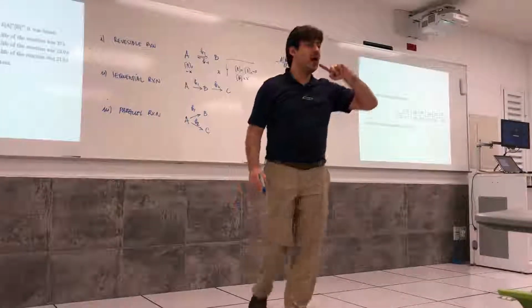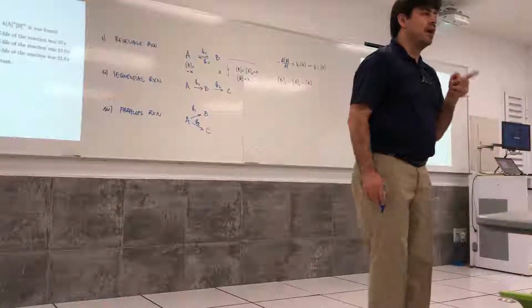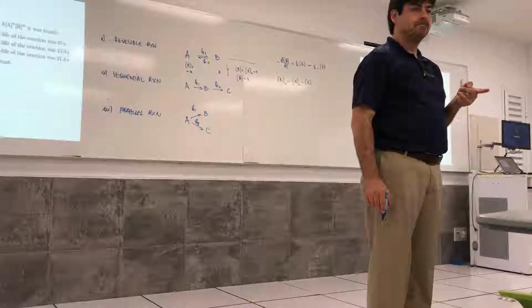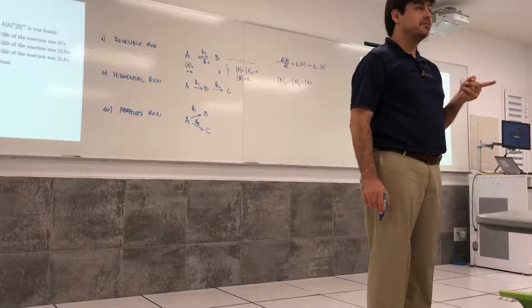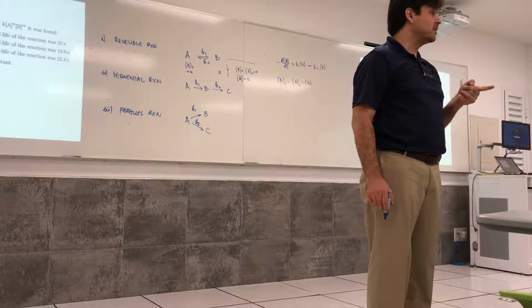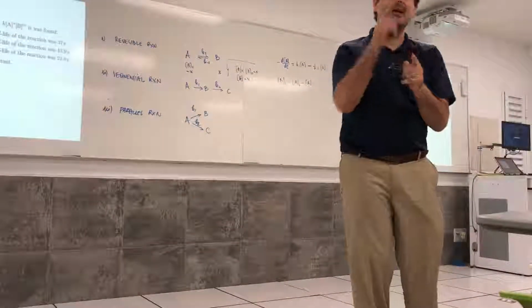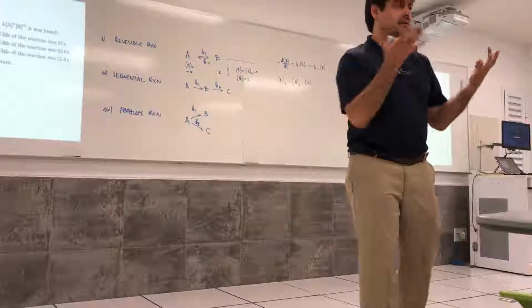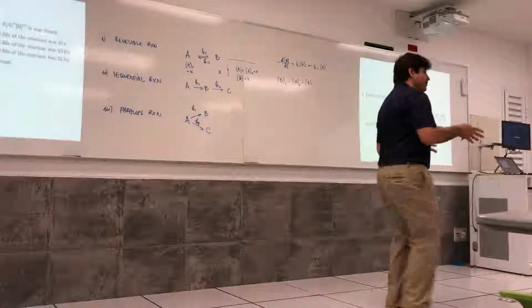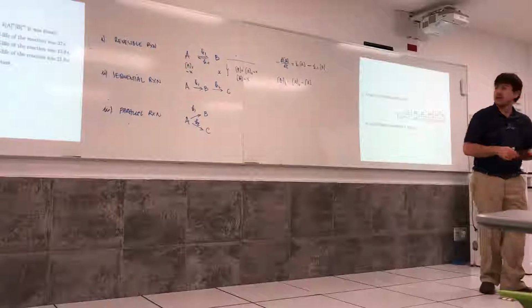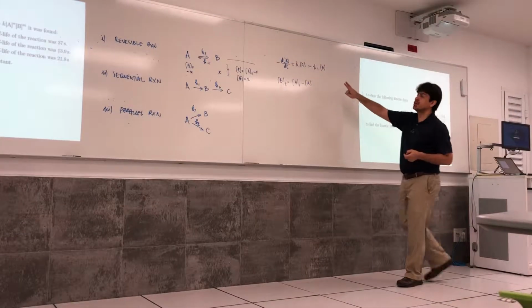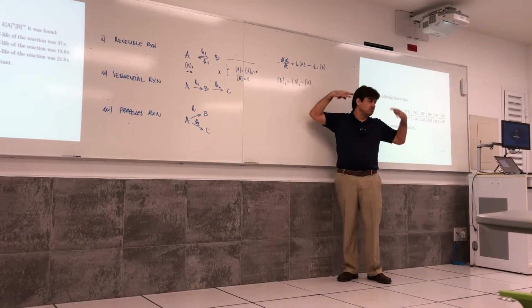So the question is, how many independent species do I have in that first? Independent. Just one. Because the concentration of B depends on A. Okay? It's like in equations. I have one dependent variable and one independent variable. Well, actually two, because time is also independent.